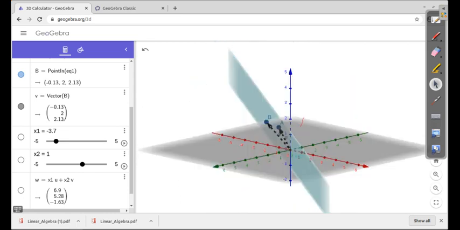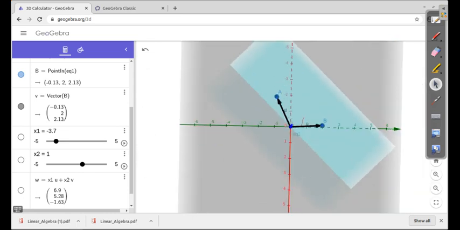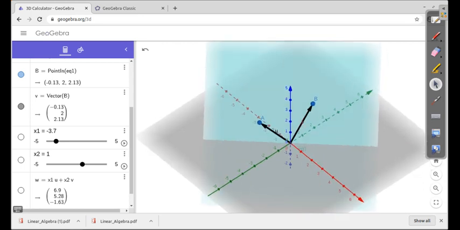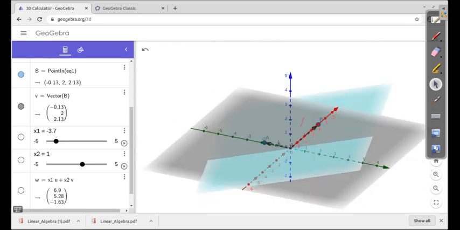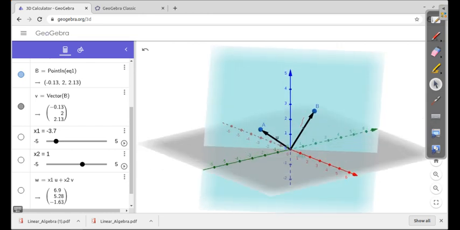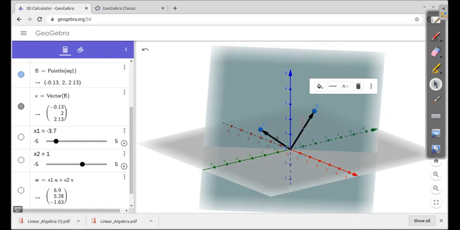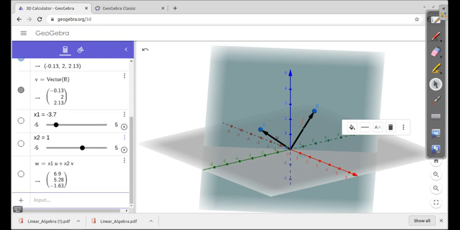Now what do I have to prove? That it is closed under addition and closed under scalar multiplication, or in other words, that the linear combination of A and B, x1A plus x2B, will be in the plane itself. If I plot it, it always remains in this plane. I have marked a new vector W, which is x1U plus x2V.